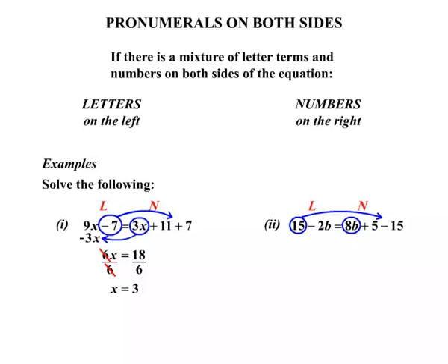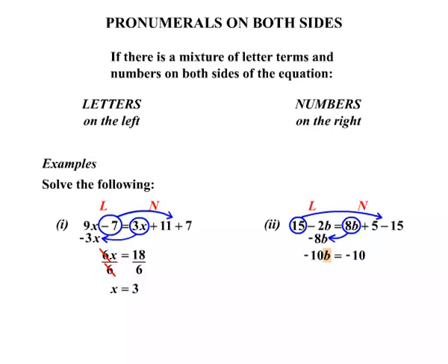Our letter term 8b we need to shift. So the positive 8b, when it comes over, becomes negative 8b. So on the left-hand side, we have minus 2b minus 8b, which is minus 10b. On the right-hand side, 5 minus 15 is minus 10.